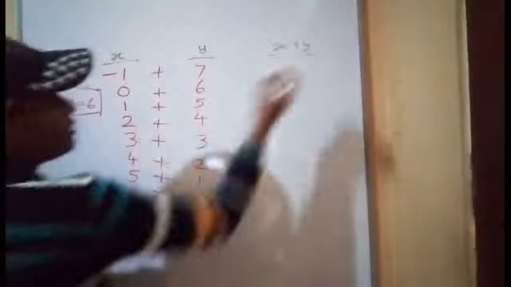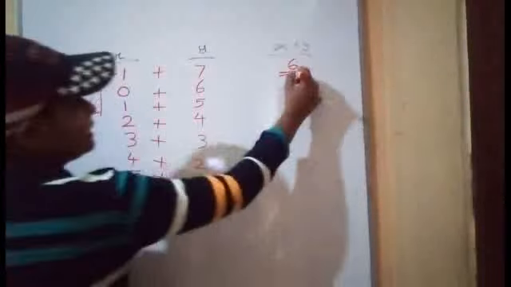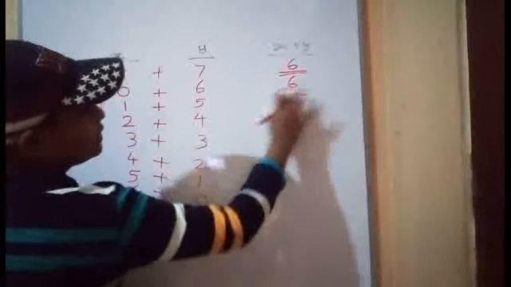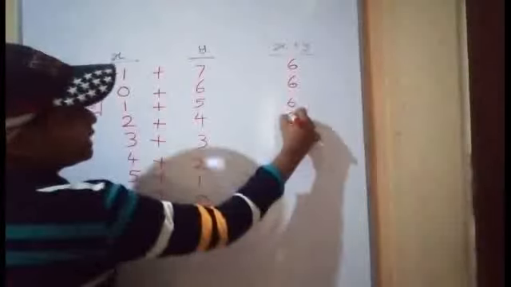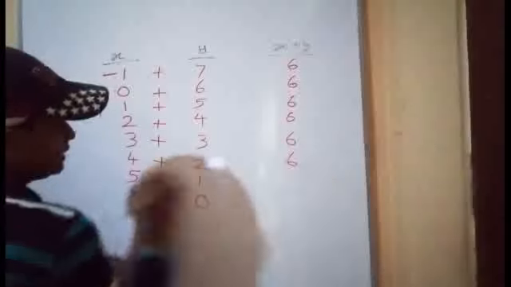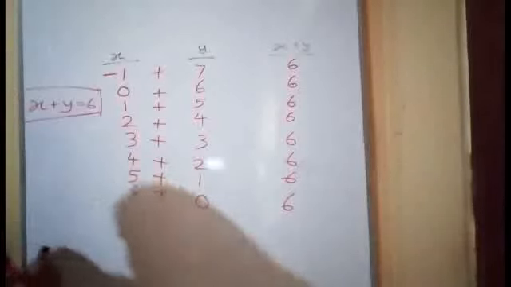Now 0 plus 6 is 6, we know. 1 plus 5 is 6. 2 plus 4 is 6. 3 plus 3 is 6. 4 plus 2 is 6. 5 plus 1 is 6. 6 plus 0 is 6. The simultaneous equation: now x plus y is 6.